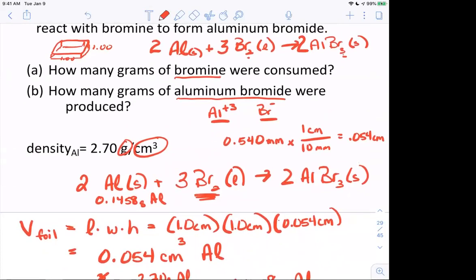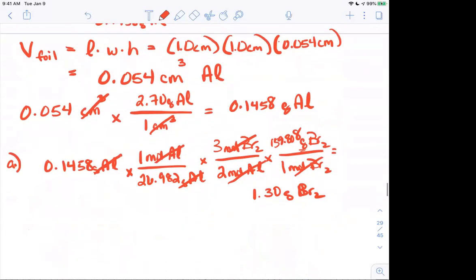I also want to know how many grams of aluminum bromide were produced. So for B, I could either use the amount of bromine that I just calculated, or I'll just stick with the amount of aluminum that I just calculated. So I'm going to do 0.1458 grams of aluminum.